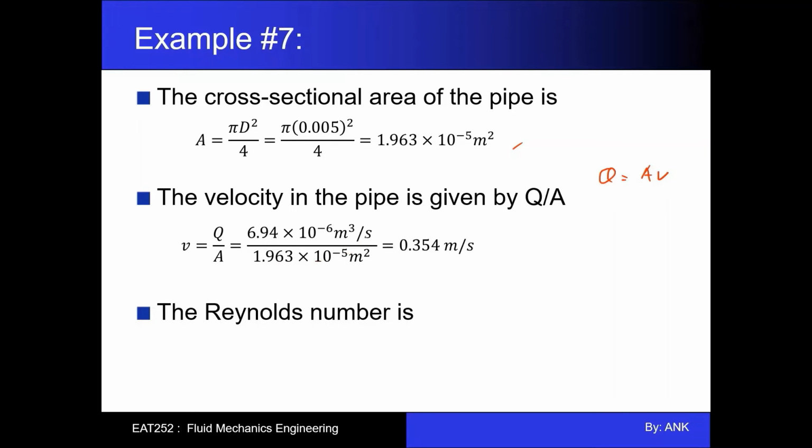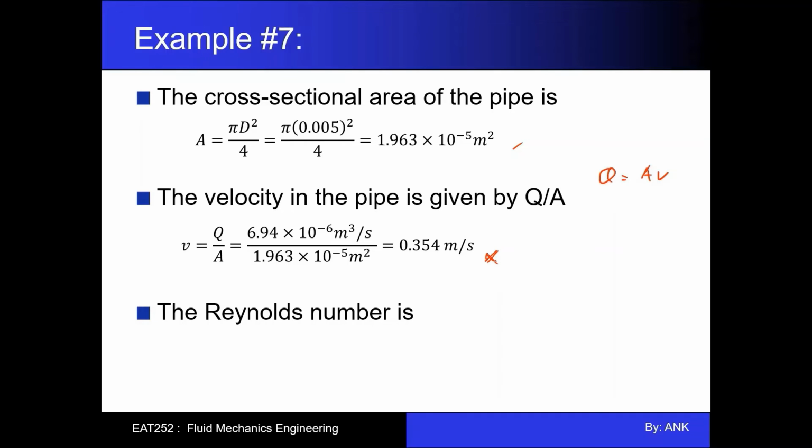The flow rate is 6.94 times 10 negative 6 meter cube per second, and we divide by the area of the pipe, 1.963 times 10 negative 5 meter square. So we get the velocity in the pipe is 0.354 meter per second.